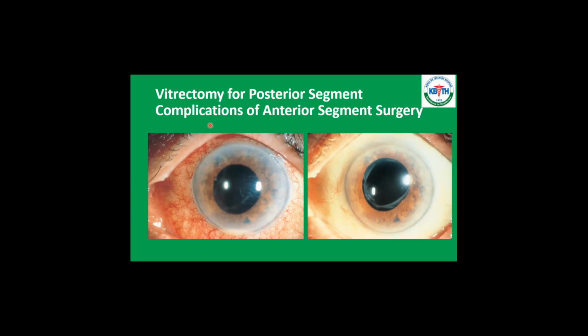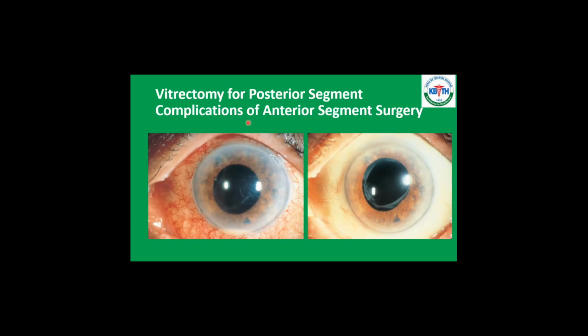So you do a vitreous tap and send the vitreous specimen for microscopy and then culture and sensitivity. Then you can give your intravitreal antibiotics, which include vancomycin and ceftazidime ideally.